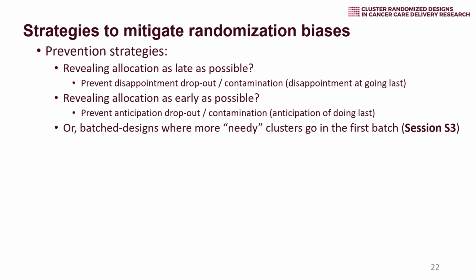This might prevent anticipation dropout, so it might prevent dropout because of an anticipation of going last. The other possibility here is to use these batch designs where the more needy clusters do go in the first batch, and this is properly accounted for, something that we'll consider in the next session.